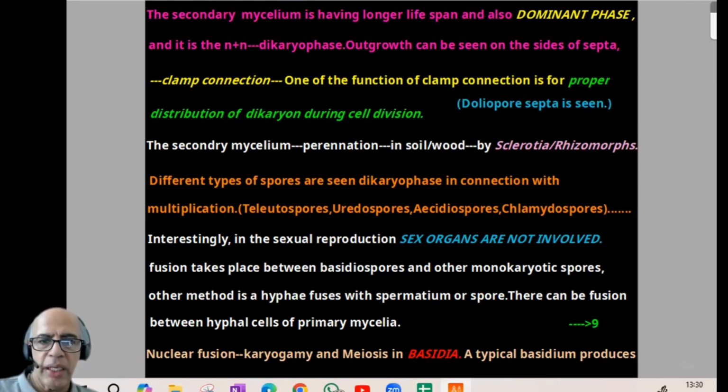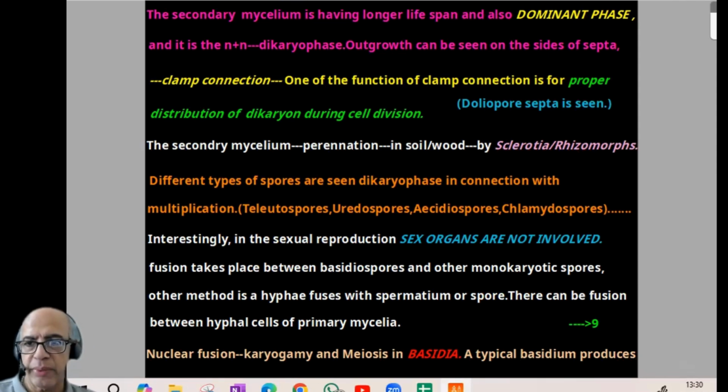Now, how is the secondary mycelium able to perennate? That is in soil or wood by sclerotia and rhizomorphs. Different types of spores are seen in, or connected with, the dikaryote phase in connection with multiplication: teliospores, uredospores, aeciospores, chlamydospores. Interestingly, in sexual reproduction, sex organs are not involved.